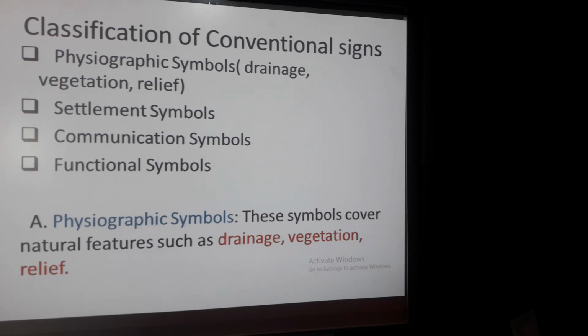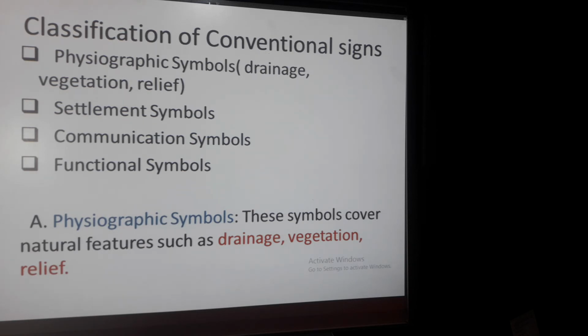And when we say relief features, they are highlands and lowlands on the earth's surface. To show all these things on the map, you need to use symbols, because you cannot draw the structure of a river or a mountain on the map. So you need to use a symbol to represent this feature which is found on the earth's surface on the map.